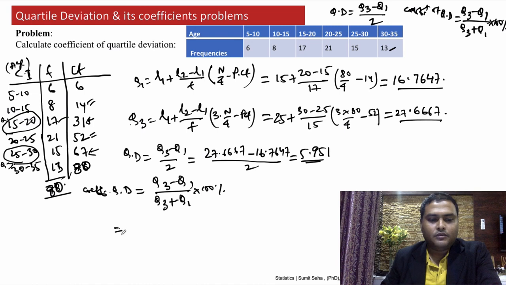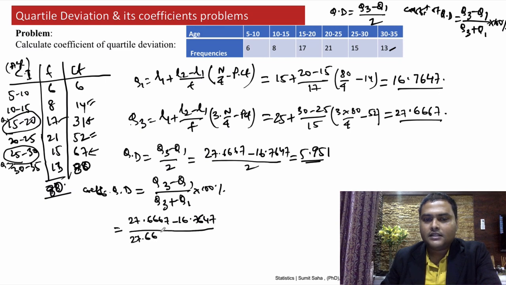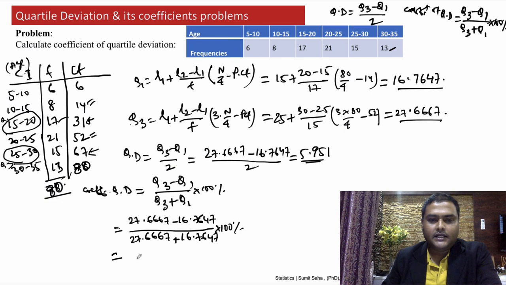So in this case, Q3 we have the value 27.6667 minus 16.7647, divided by 27.6667 plus 16.7647, multiplied by 100%. So if you calculate, we'll get 24.54%.